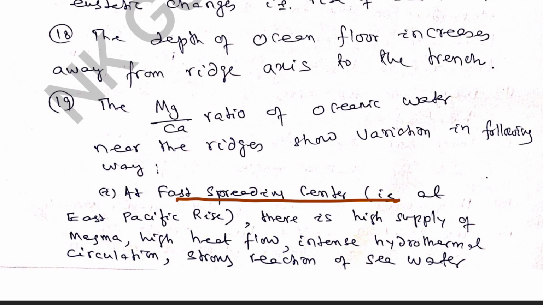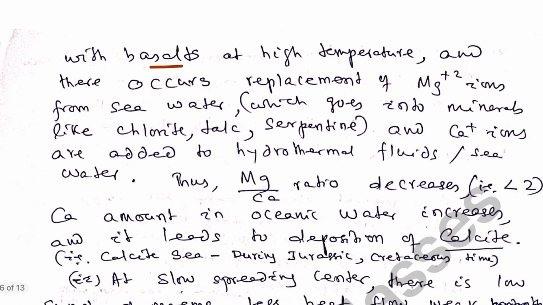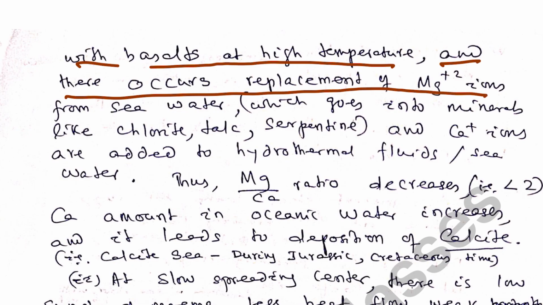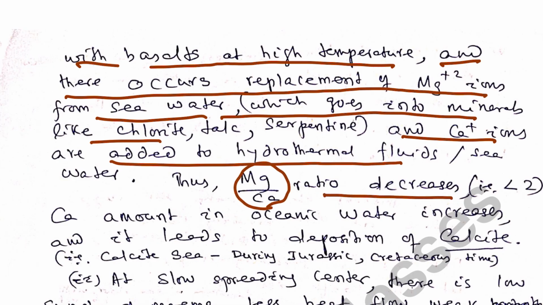In fast spreading center, at the East Pacific Rise for example, there is high supply of magma, high heat flow, intense hydrothermal circulation, strong reaction of seawater with the basalts at high temperature. And there occurs exchange of the magnesium from the seawater with the basalts, as a result of which the calcium is released from the basalts to the oceanic water, leading to the Mg/Ca ratio decreasing to less than 2.